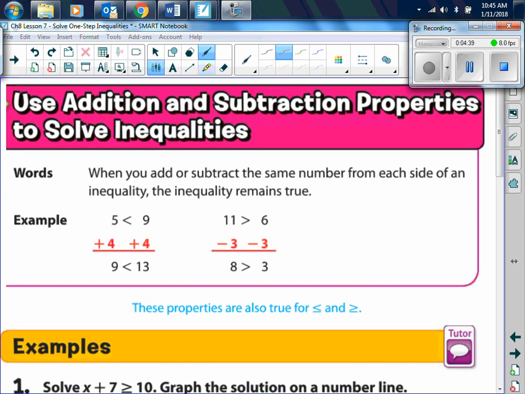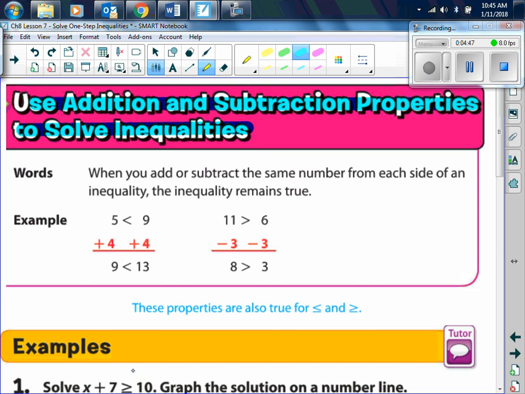Alright, so now we are going to use addition and subtraction properties to solve inequalities. You guys remember what the addition and subtraction properties of equality are? If you add on one side, you have to add on the other side. If you subtract on one side, you have to subtract on the other side.